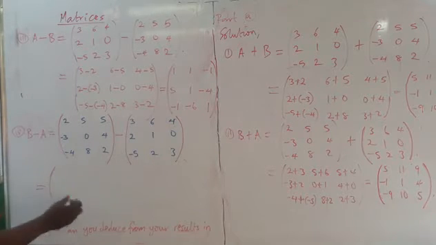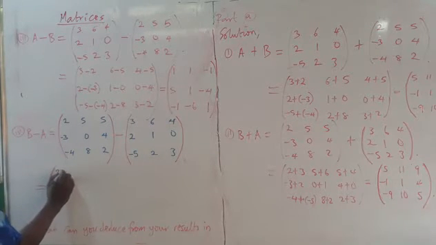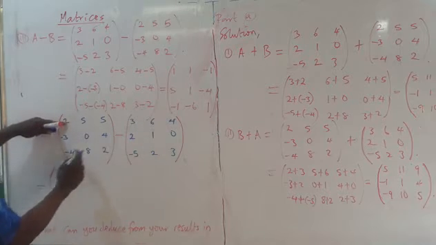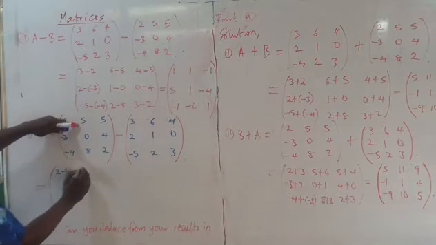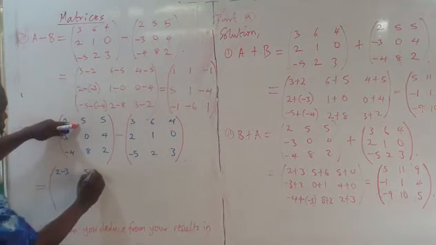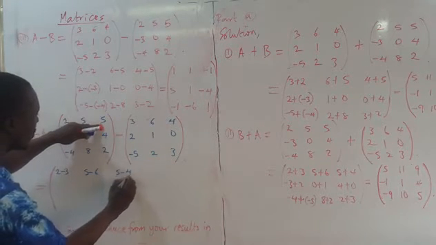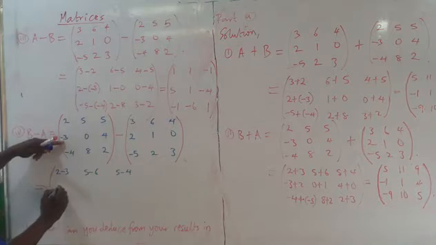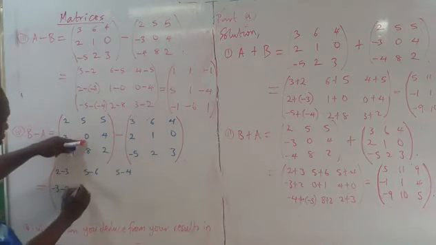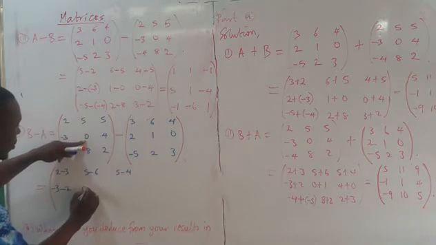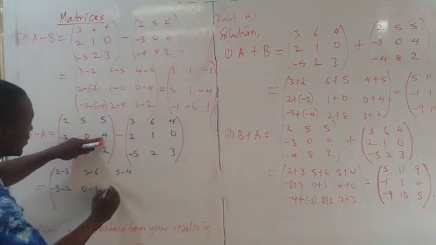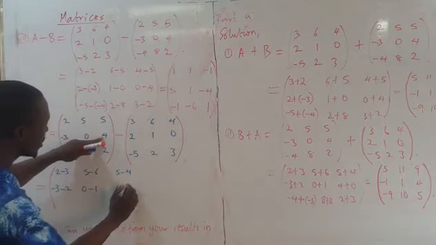so we continue by subtracting matrix A from B. So we have 2 minus 3. That's the first element in the first row. Then 5 minus 6. Then the next one is 5 minus 4. Then go to the second row. Minus 3 minus 2. Then the second element in the second row is 0 minus 1. Then 4 minus 0.